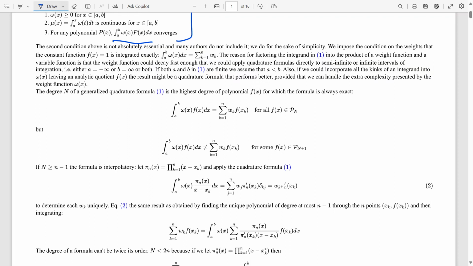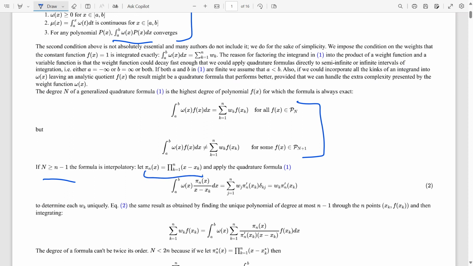The degree of algebraic exactness, or simply the degree of a quadrature formula, is the highest degree of polynomial for which the formula is always exact. If the degree is greater than or equal to the order n minus 1, the formula is interpolatory.